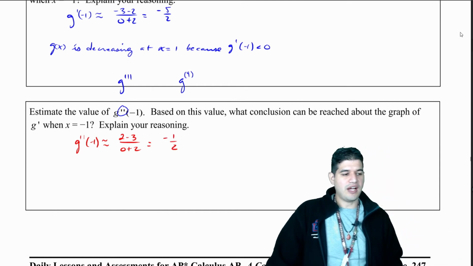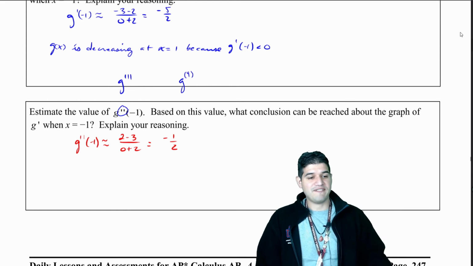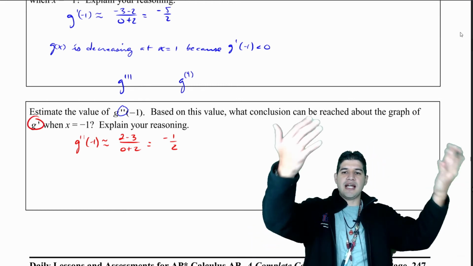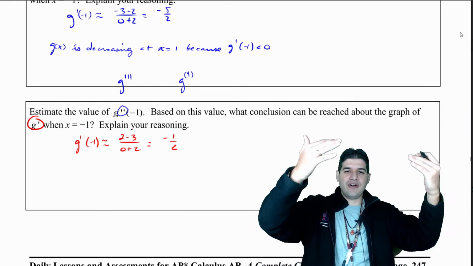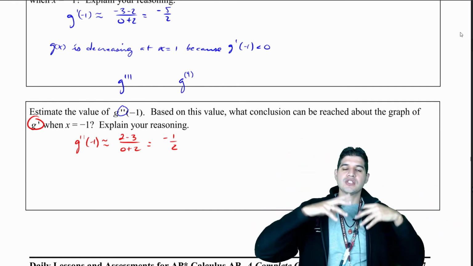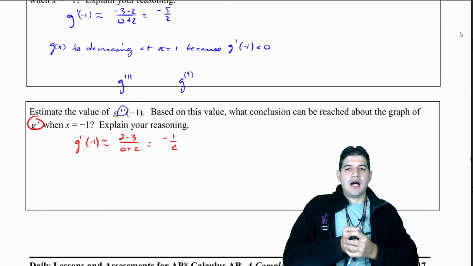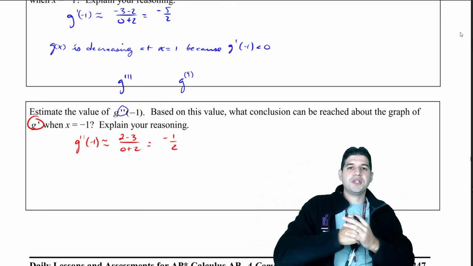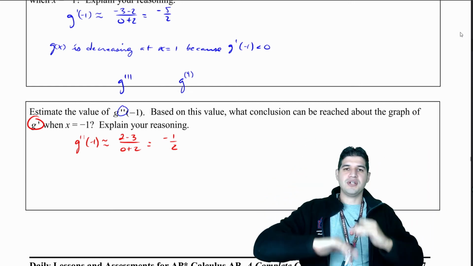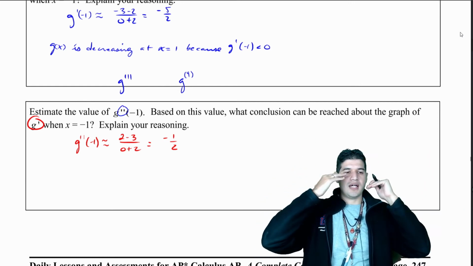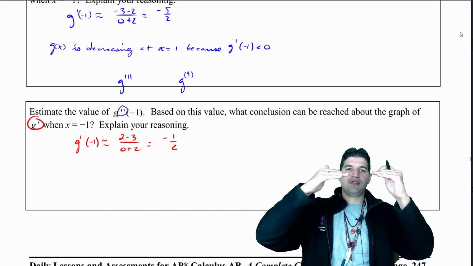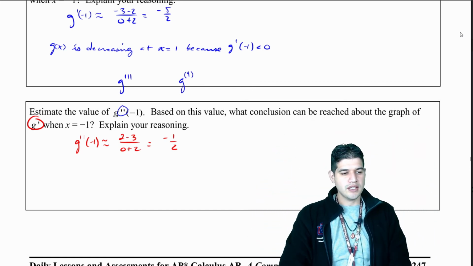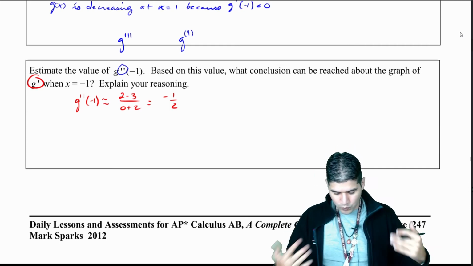And so based on this value, what conclusion can be reached about the graph of g prime, okay? So notice here, I'm just going down one level. I'm going from the second derivative to the first derivative. So when I go down one level, think about what we were doing a second ago up above. I was going down one level. I was going from the first derivative to the original. Think about it just like levels. Original, first derivative, second derivative, third derivative, and you can go down as well, okay? So what was happening there?